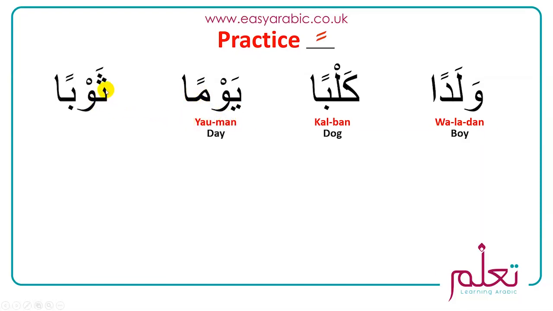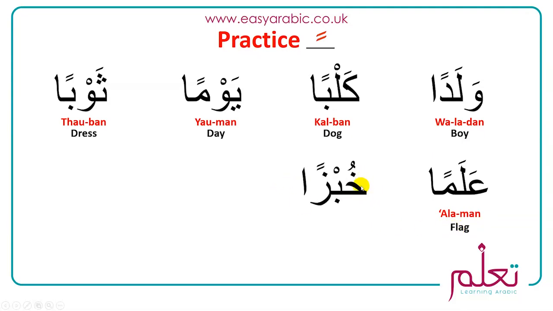The next one, again, we've got the tha with the fatha and the waw with the sukun, that makes a diphthong. So it's thawban, which is dress. The next one we have ayn with the fatha, lam with the fatha, and the mim with the fathatain is alaman, which is flag. The next one we have the kha with the damma and the ba with the sukun, that will be khub, and khubzan, which is bread.